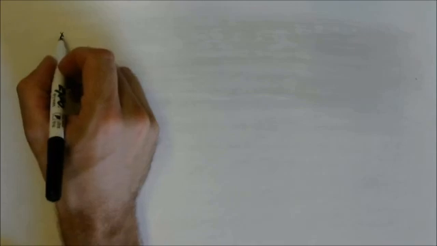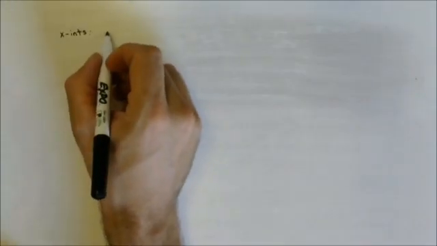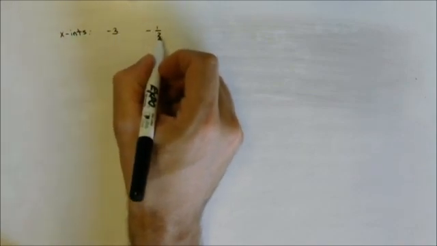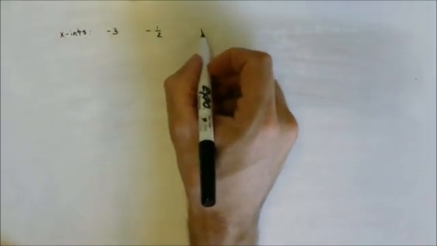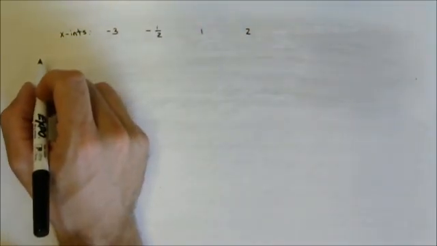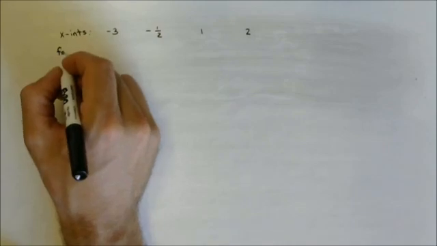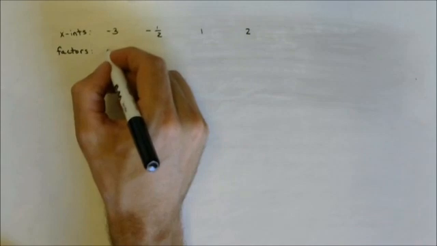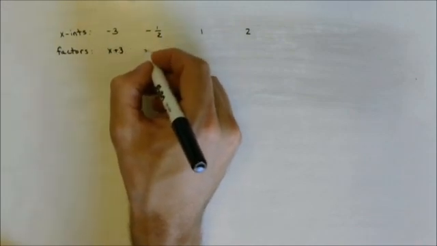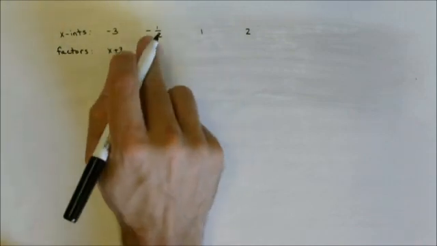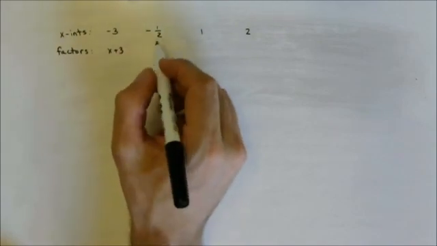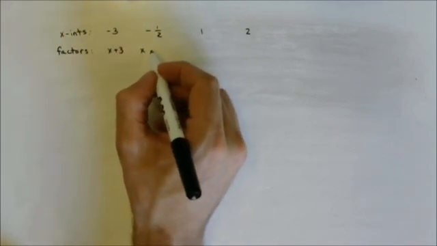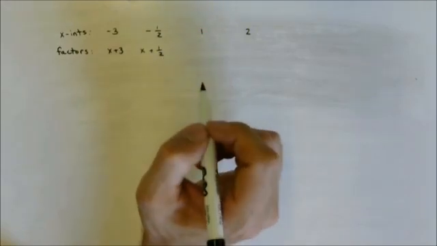So from the graph, what are the x-intercepts? -3, -1/2, +1, +2. From that, we can get our corresponding factors. Factors are x plus 3. In this one, you'd be very tempted to write x plus 1/2, okay?